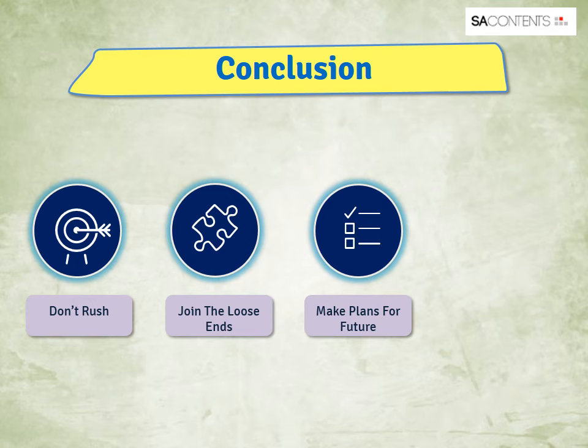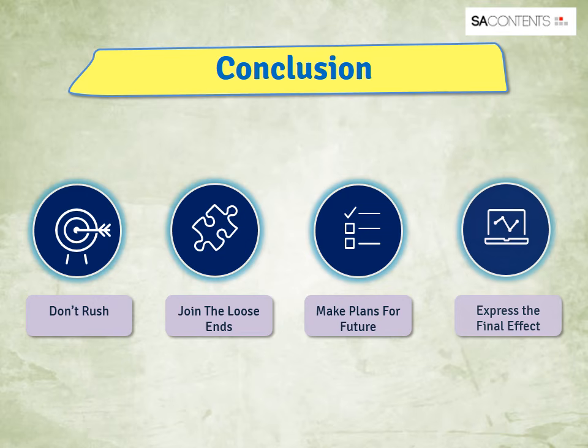How you are going to jot down the points and connect them one by one in a proper sequence so that it's readable and easily understandable. Express the final effect. This is going to include your own views about the central character or the central idea of the picture.